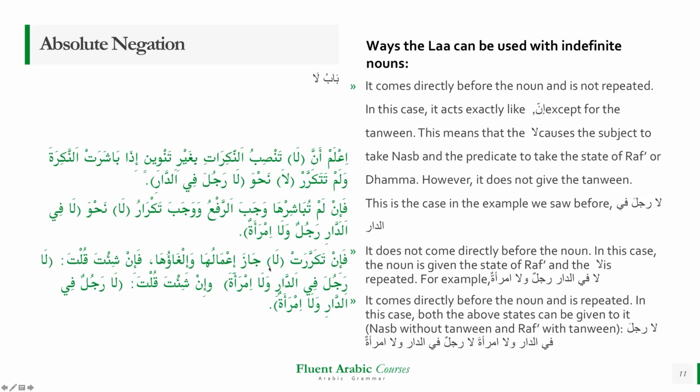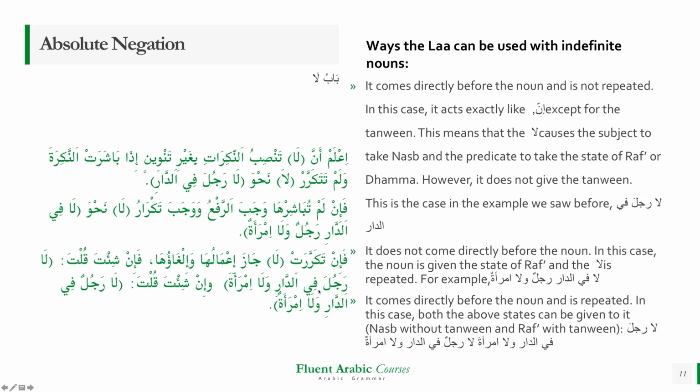فَإِن تَكَرَّرَتْ لَا. If the la is repeated and it comes directly before the noun, what happens? جَازَ إِعْمَالُهَا وَإِلْغَاؤُهَا. Then there are two options. You can apply the rule of absolute negation and give it the state of nasb, or you can also give it rafa. فَإِن شِئْتَ قُلْتَ لَا رَجُلَ فِي الدَّارِ وَلَا امْرَأَةٍ.